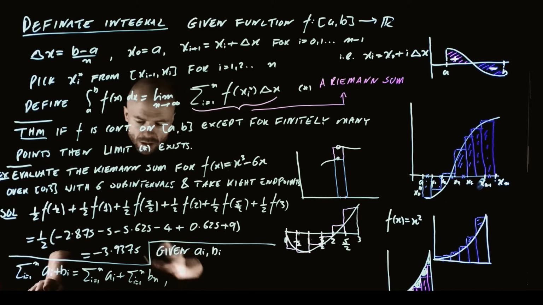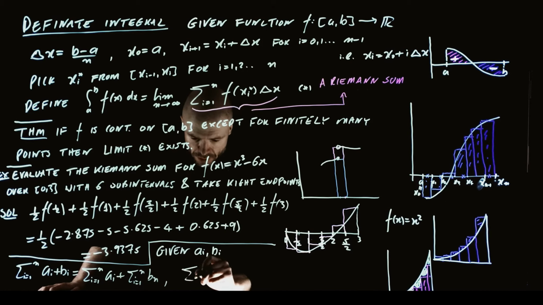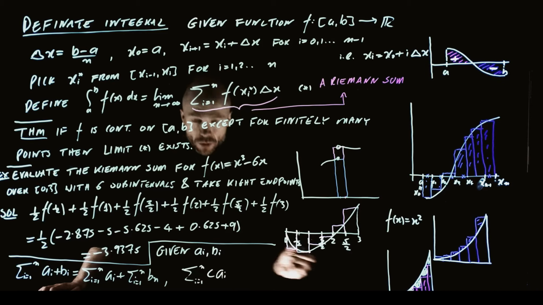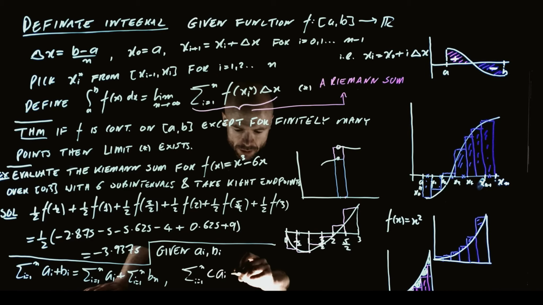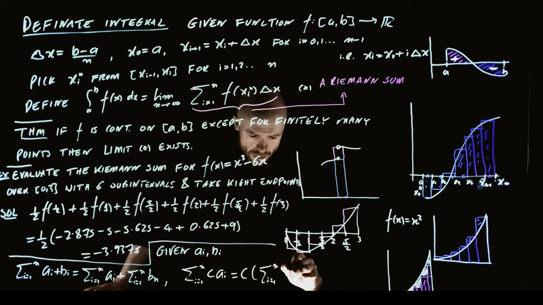And we also know that if we take the sum from i equals 1 up to n of c times ai, we can just pull out this constant c. These are basic properties of addition that you all know well.